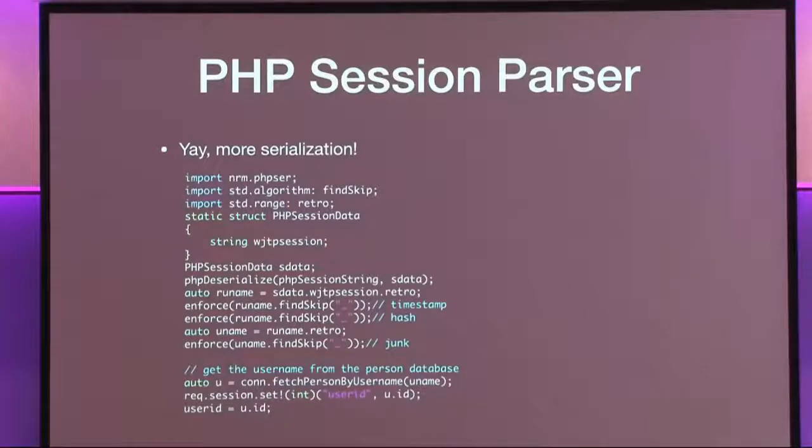So we have a PHP session data struct that's basically just for this. And I actually did write a PHP deserialize function in D that will take a PHP serialized string and push it into a struct that I give it. The reason that originally we switched the serialization type from PHP to PHP serialization is because the PHP form is some internal, undocumented serialization type that you don't know exactly what it's going to do, and it can change from version to version if they so wanted.